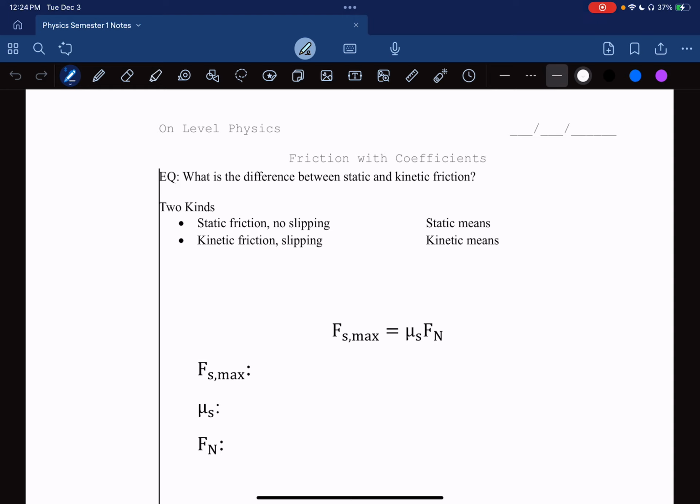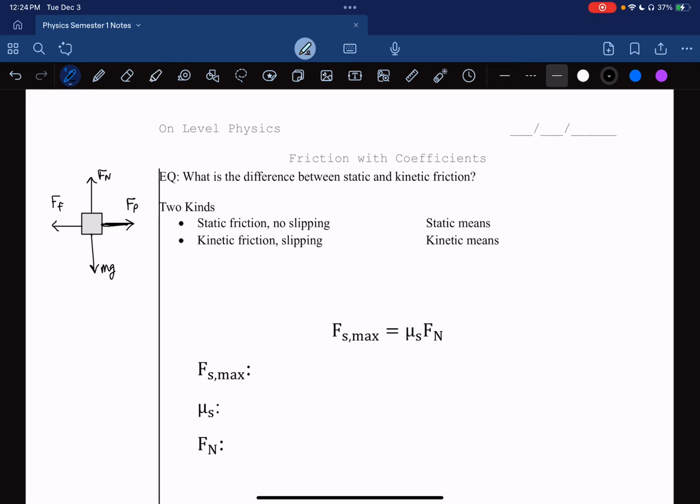So if I draw a free body diagram, let's say here's the object, here's the gravitational force, here's a normal force, and we are pushing on it with the force Fp, and it's not moving.